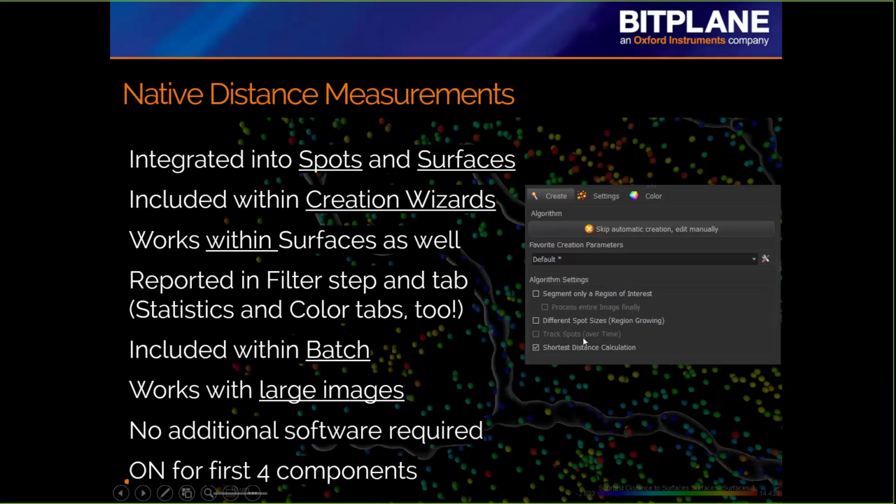You're able to turn them on and off afterwards as well. And we've made it so that only the first 4 components within your scene list, and I'll show you that in a little bit, have this automatically turned on. And so this should keep the vast majority of people away from a situation where the calculations are taking a long time.